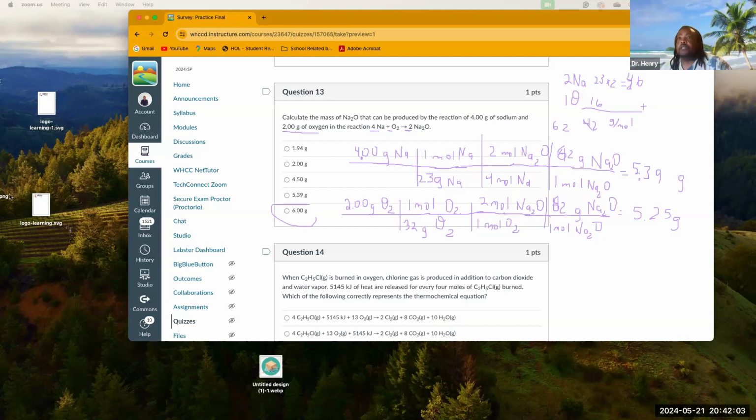And then this one is 7.75. Okay, so the correct answer is D, as in donkey. Okay.